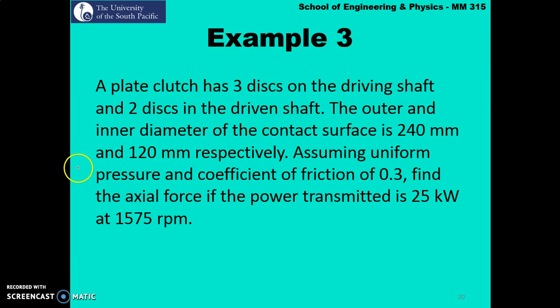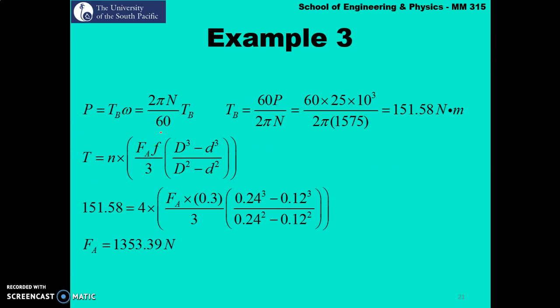So what we have is a case where we've got uniform pressure. So we will again refer to our equations for uniform pressure. Power was given as 25 kilowatt and the speed at which the clutch is rotating was 1575 revolutions per minute. So again we can calculate our torque.